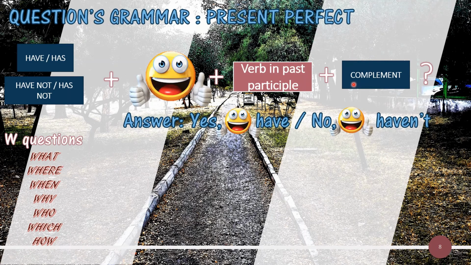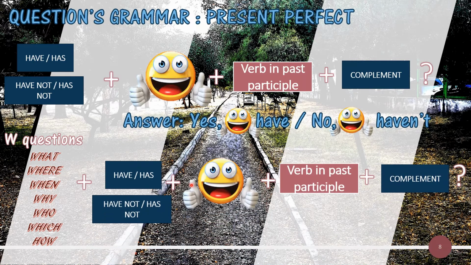And if you are gonna use the double questions like what, where, when, why, who, which, or how, you have to put or to collocate the double question at the beginning of the sentence, plus the auxiliary have, has if positive, or have not, has not if it's negative, plus the personal pronoun, plus the verb in past participle, plus the complement.